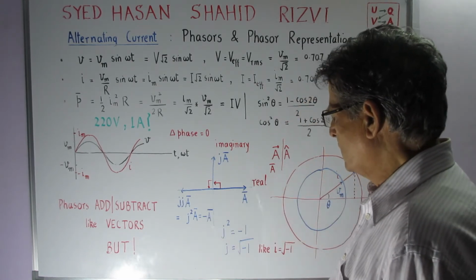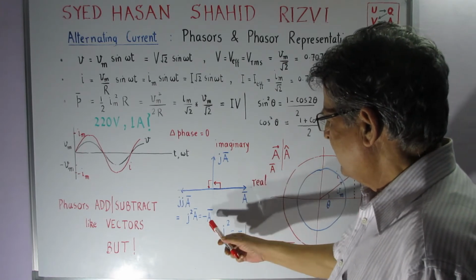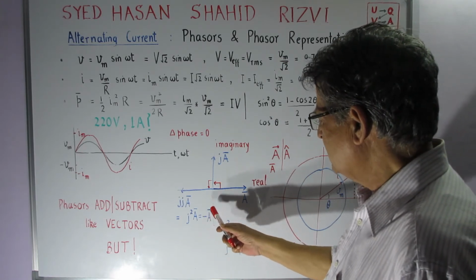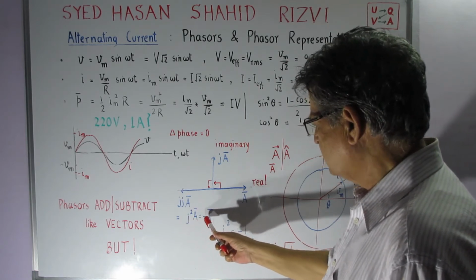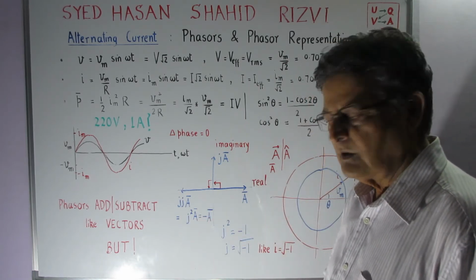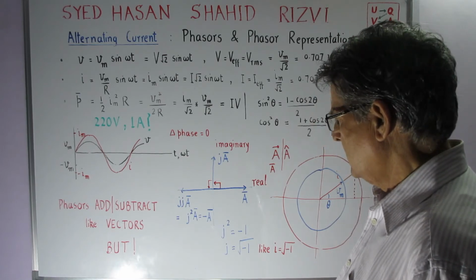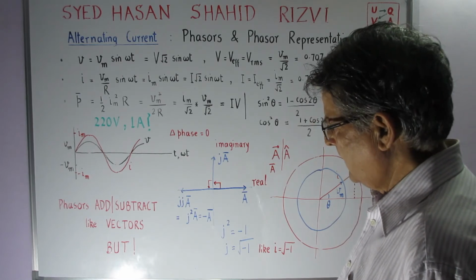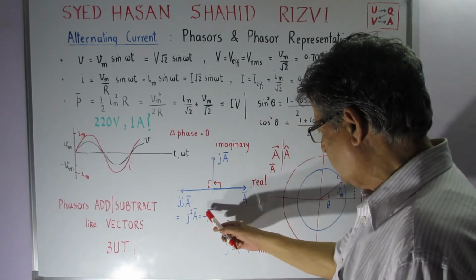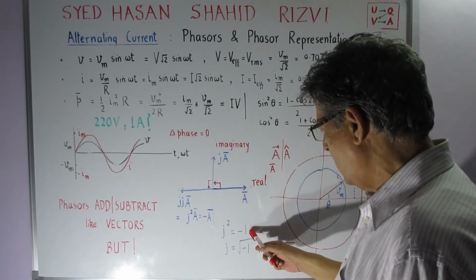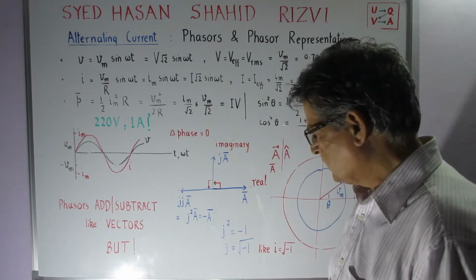So what do I get? j square phasor A is equal to minus phasor A. So from here we find that this j square is equal to minus 1. Interesting.